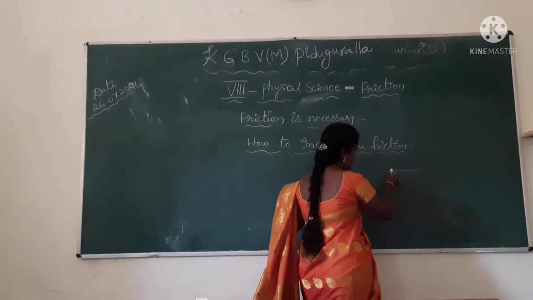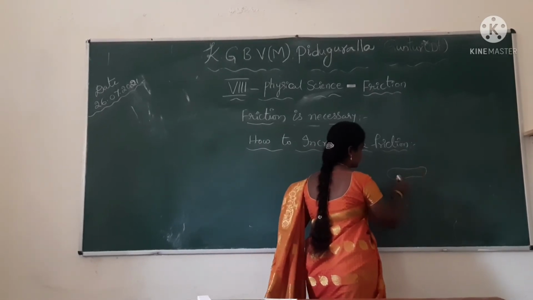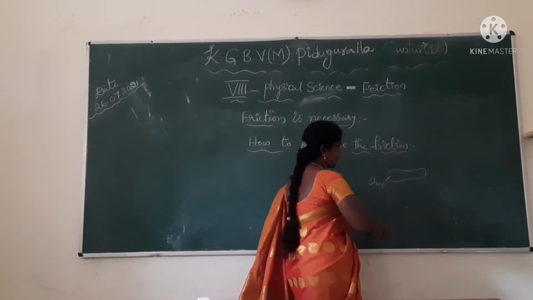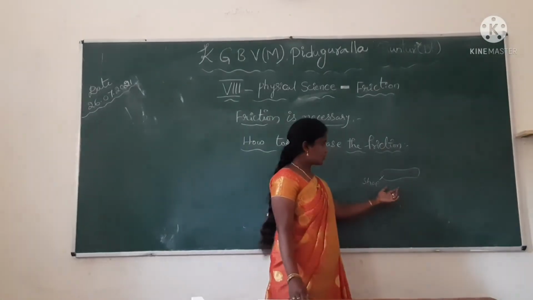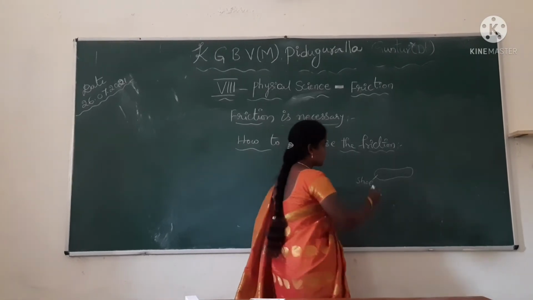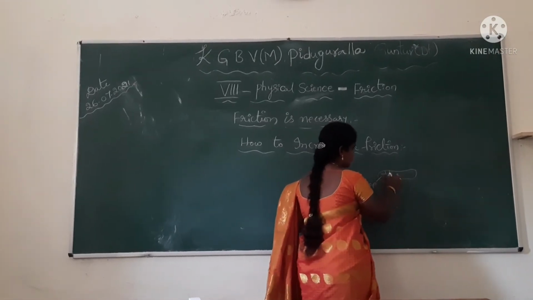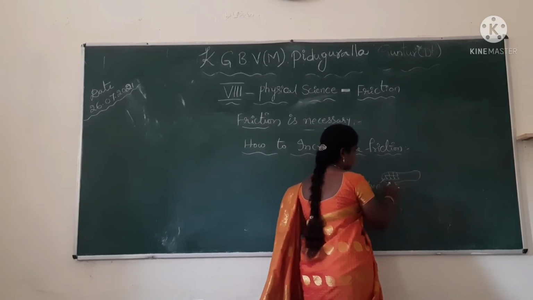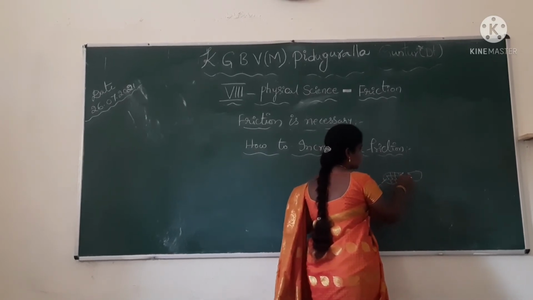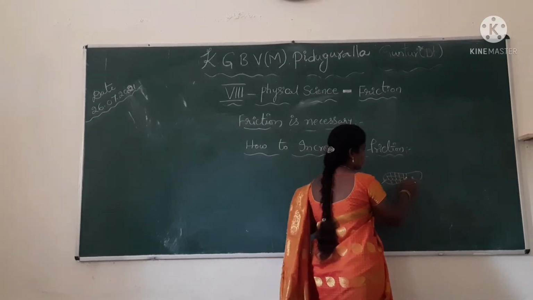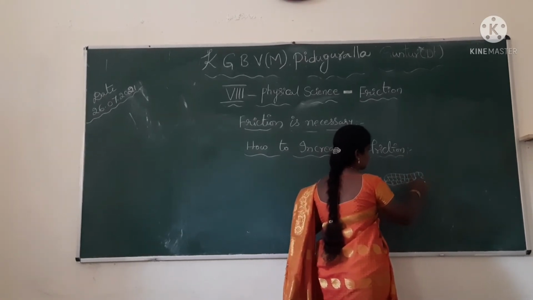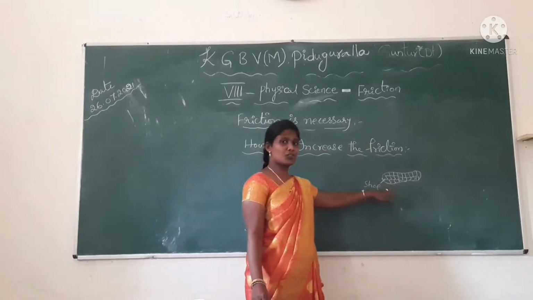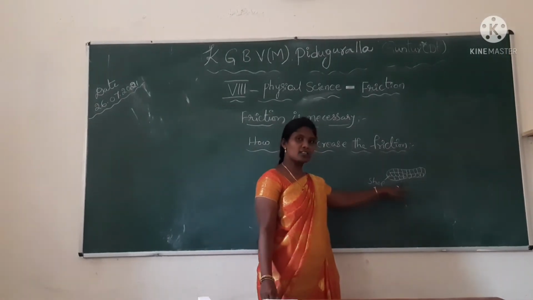All of you look at the board. It's a shoe. This shoe is designed with some shapes under it. All of you check your sports shoe also. The shoe is designed with some shapes that are known as grooves.